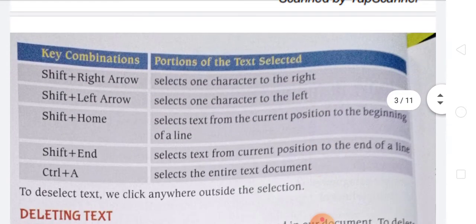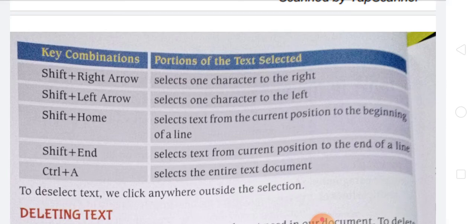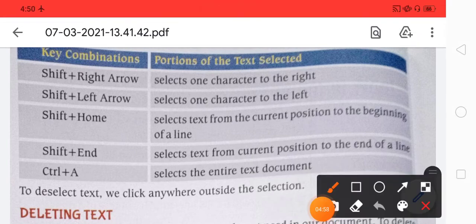Here we can see another combination of keys for selecting portions of text in MS Word. The first one is shift plus right arrow for one character selection to the right, and left arrow for the left.